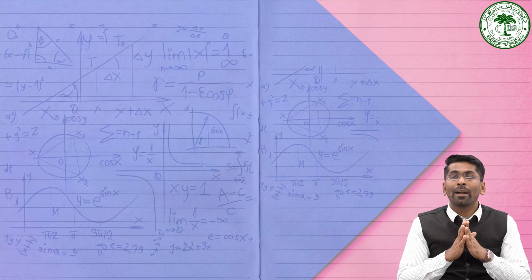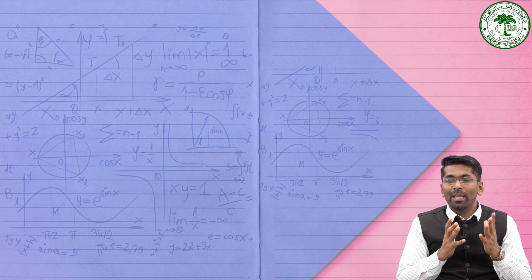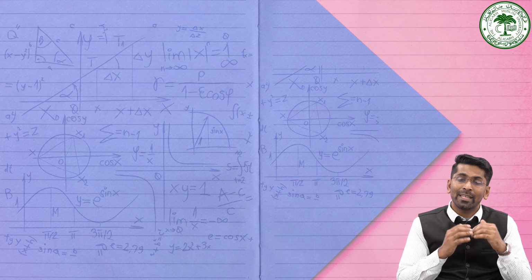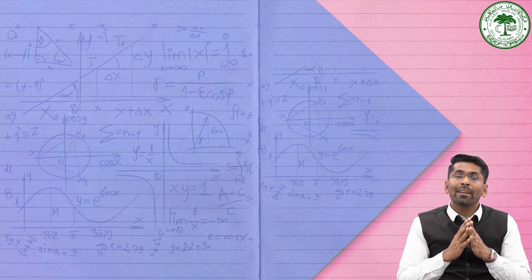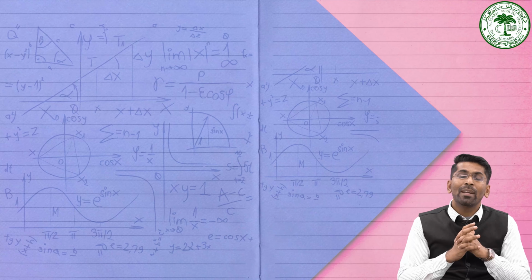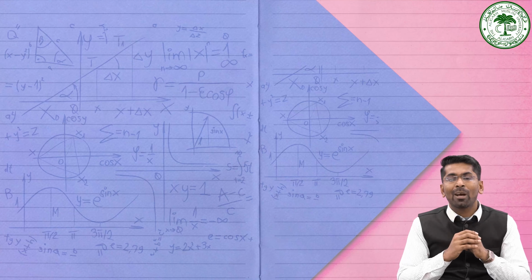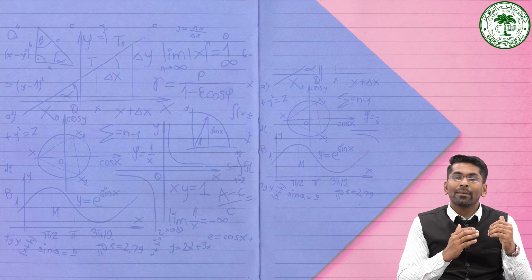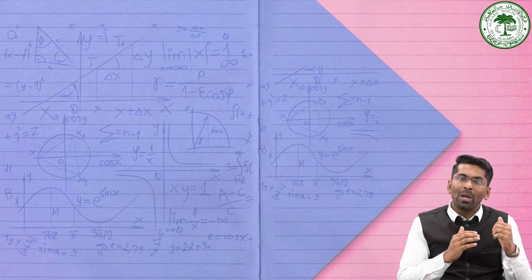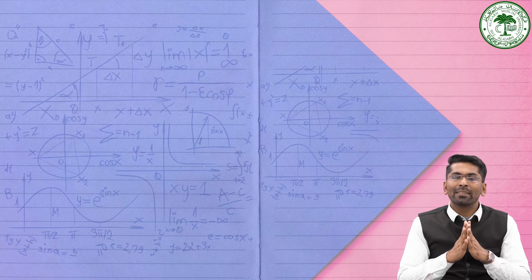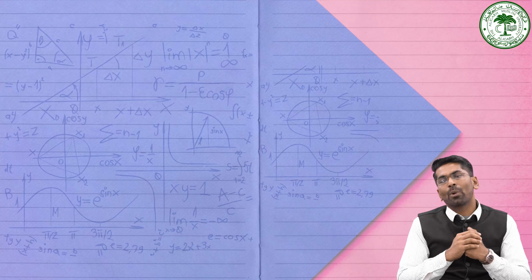I hope you understood all these sets very clearly. Go through these sets once again, and in the next lecture we will discuss Venn diagrams and the set operations like union, intersection, complement and difference along with their properties.